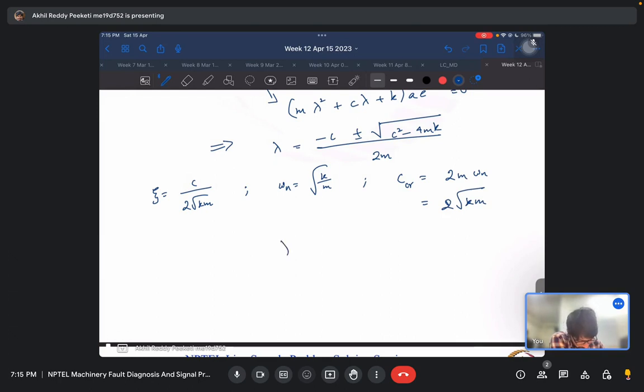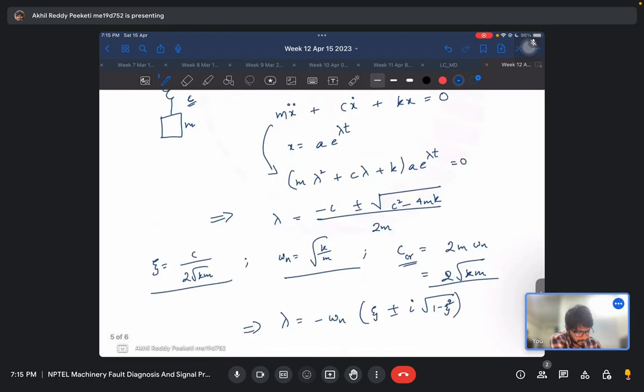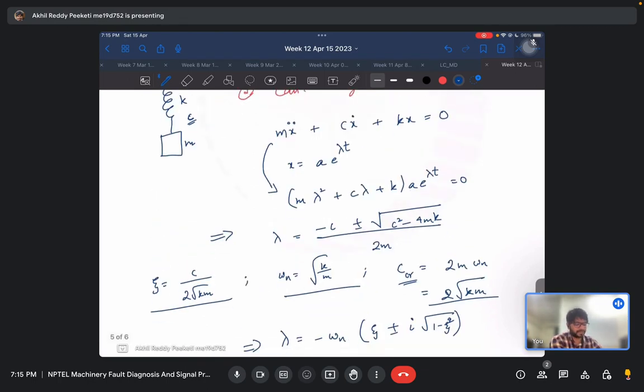With this you can write lambda as minus omega n into zeta plus or minus omega n root over zeta squared minus 1. So this is the damping factor, this is the natural frequency, this is the critical damping coefficient. This is a single degree of freedom spring mass damper system.